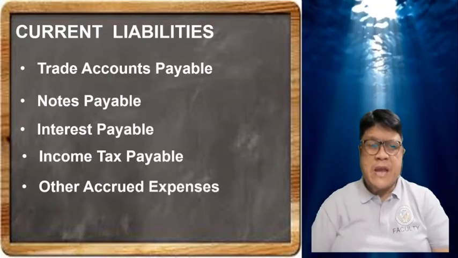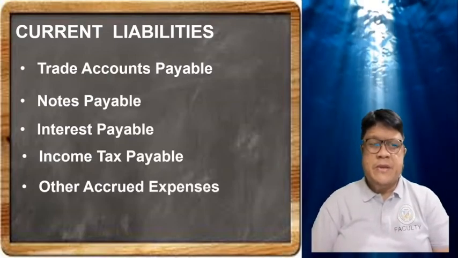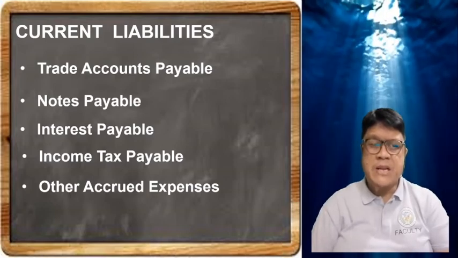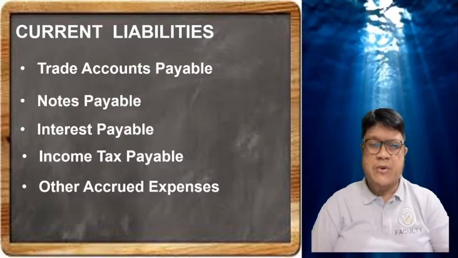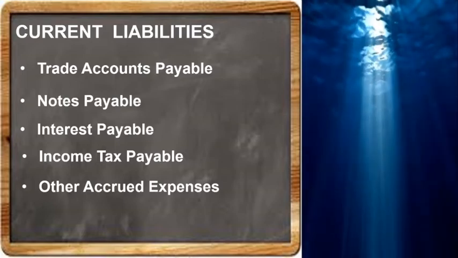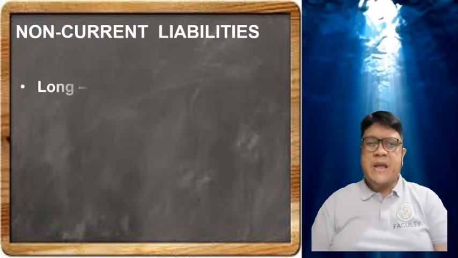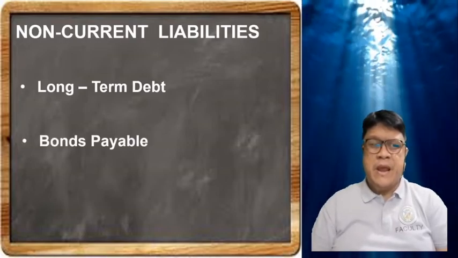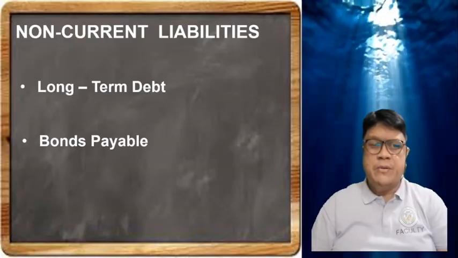There are different kinds of current liabilities: trade accounts payable, notes payable, interest payable, income tax payable, and other accrued expenses. Different kinds of non-current liabilities: long-term debt and bonds payable.